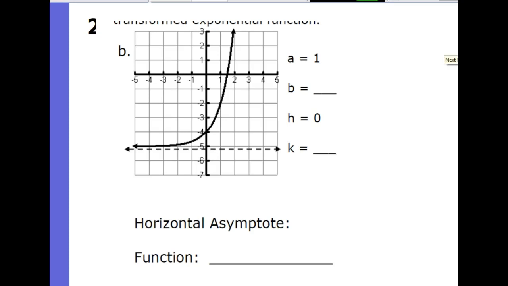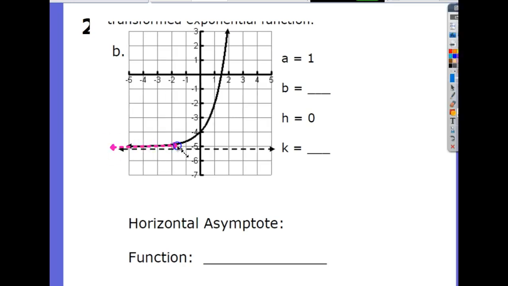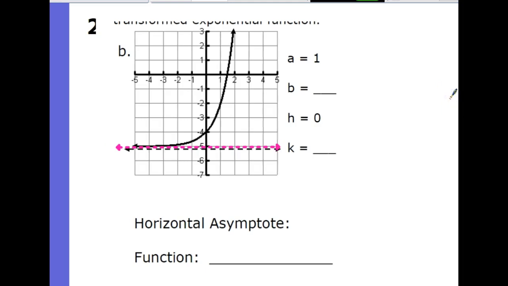Here is the asymptote, and the parent graph is at 0, and this has been moved down 5. Do you know why that's the key point? It's 1 unit above the asymptote. It is on the y-axis just like the parent graph.